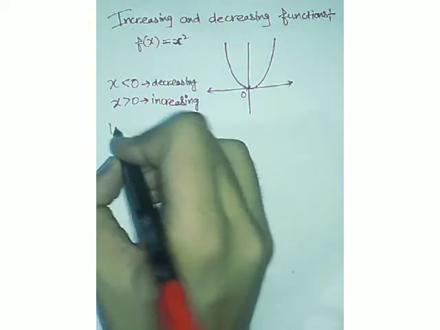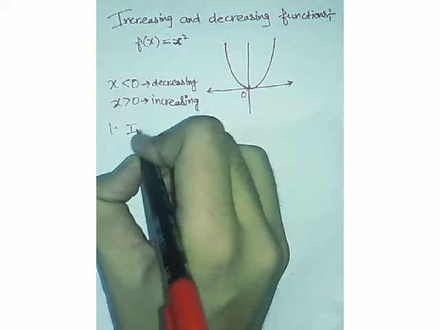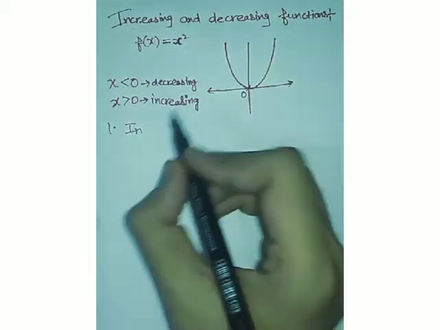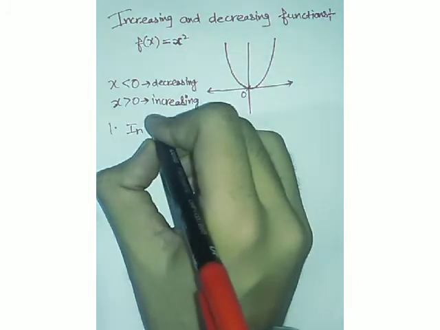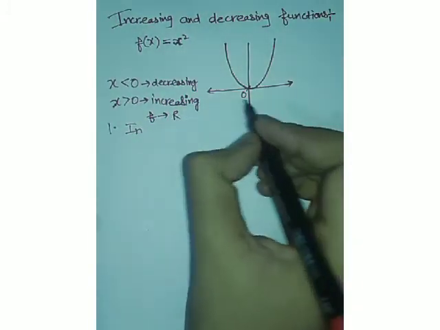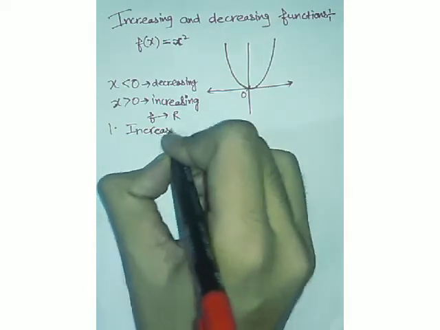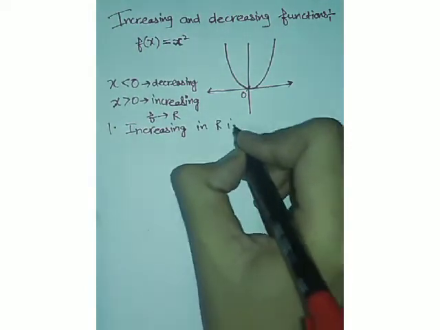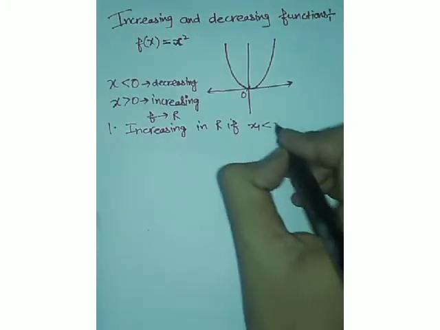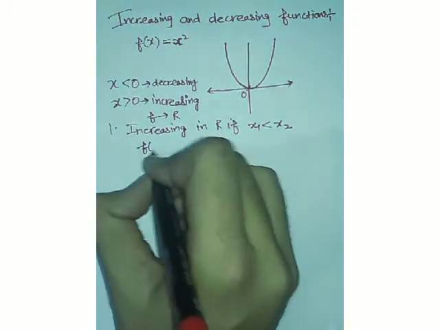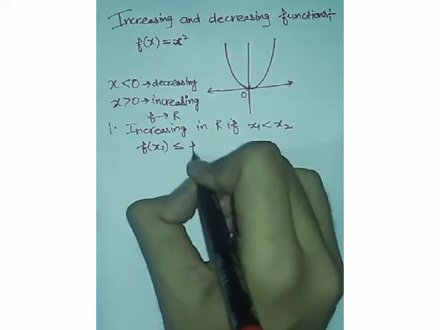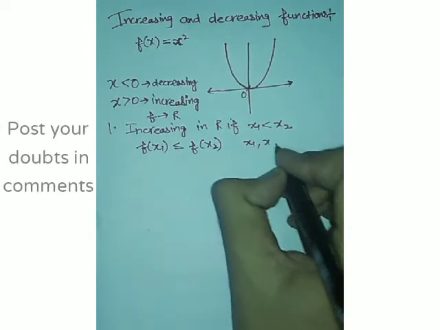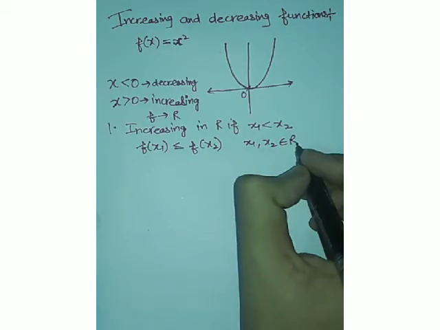Our very first remark is about when a function is increasing. Before that, consider a function f that is a real valued function. Now f will be increasing in R if for x1 less than x2, f of x1 is less than or equal to f of x2, where x1, x2 belong to real numbers.